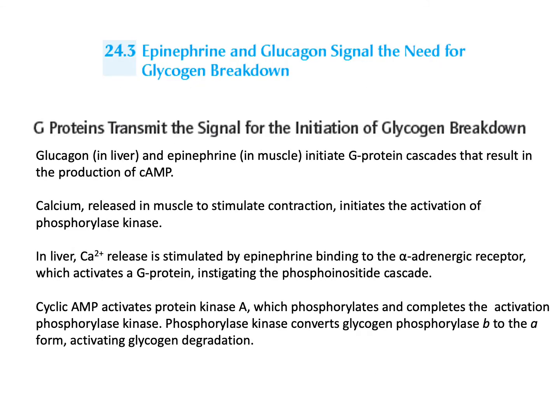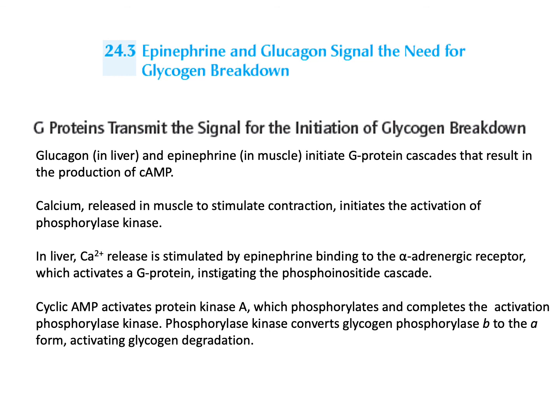The core in glycogen breakdown is the G proteins. They transmit the signal for the initiation of glycogen breakdown. Glucagon in the liver and epinephrine in the muscle initiate the G protein cascade that results in the production of cyclic AMP. Calcium, released in muscle to stimulate contraction, initiates the activation of phosphorylase kinase.